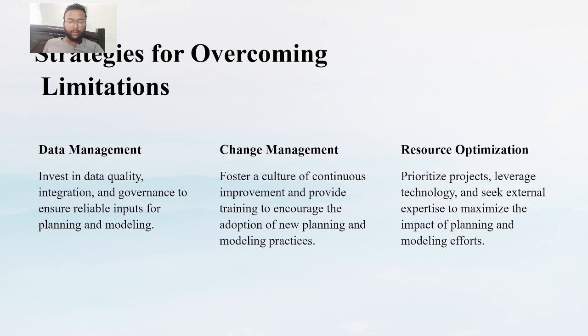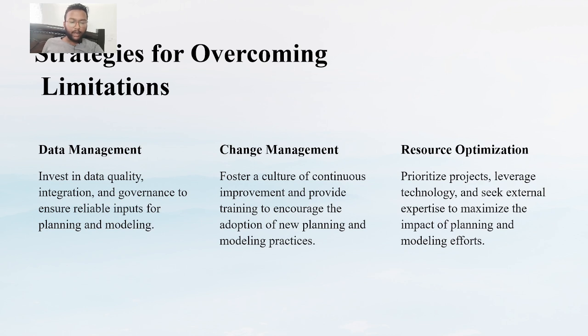What are the different strategies used for overcoming the limitations in planning and modeling activity? Data management: invest in data quality, integration, and governance to ensure reliable inputs for planning and modeling.